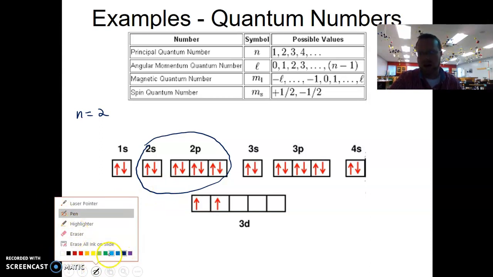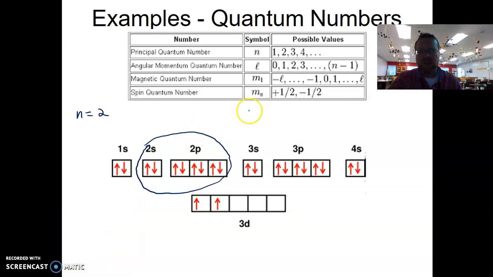Suppose I was talking about a scenario where I said, all right, n equals 2 and L equals 1. Now, if you remember, S corresponds to an L that is 0. P is when L is 1. D is 2 and F is 3.